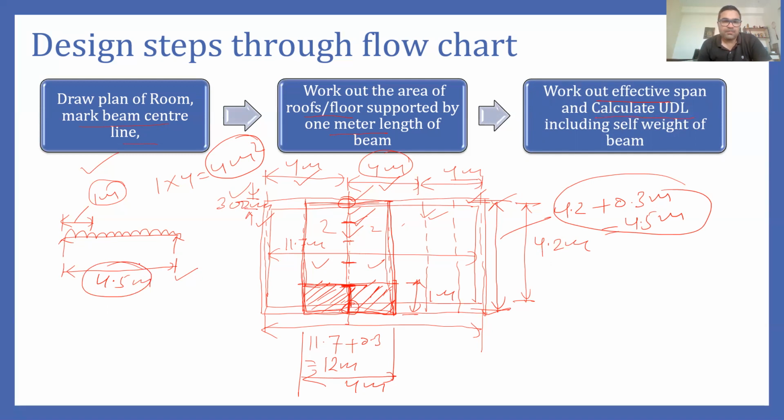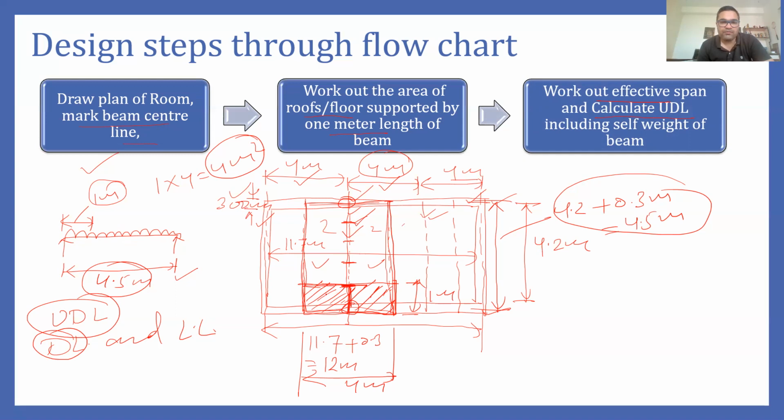Now, in the form of UDL, what is the load? UDL will consist of dead load and live load. Dead load will be the self weight of beam, and also the roof covering, I mean the material which is covering the roof.